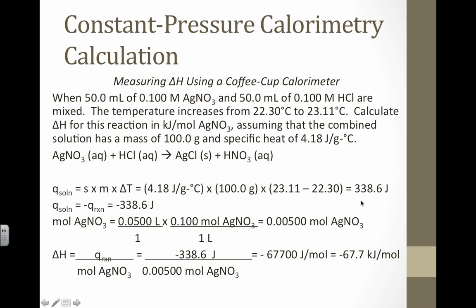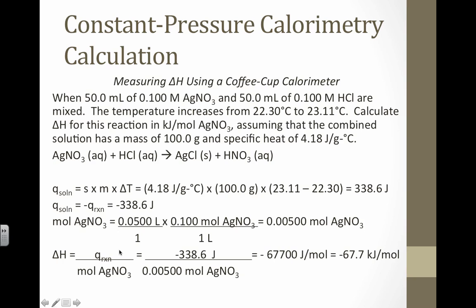So we can convert this 338.6 joules to kilojoules by dividing by 1,000, but we have to come up with the denominator, so we need to figure out how many moles of AgNO3 there are in this solution. To get that, we multiply the volume times the molarity of the solution. So remember, the original molarity was 0.100, and liters cancels, and this is how many moles of AgNO3 are present.